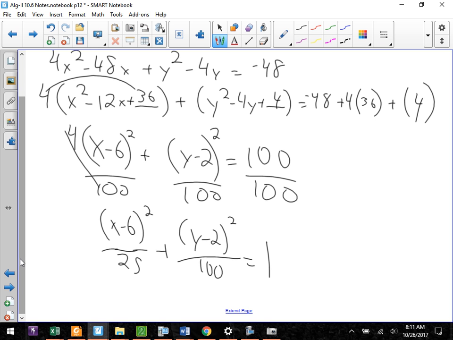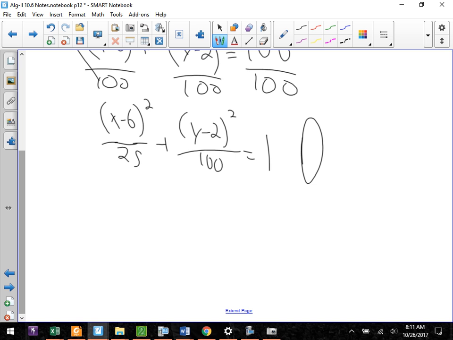What direction is it being stretched? Up and down or left and right? Up and down. Why is it being stretched up and down? Okay. Where is your center? A squared is? It's 100.